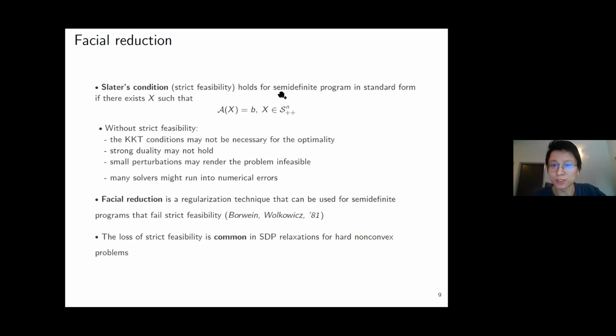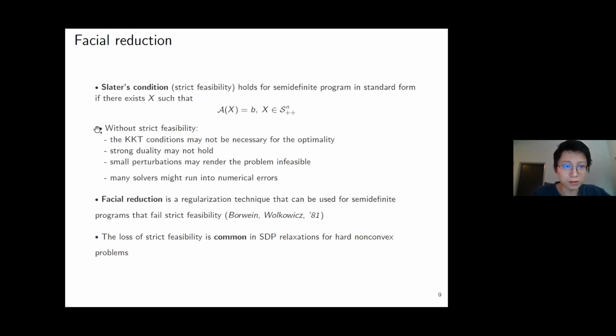In the case of a semidefinite program in standard form, it requires the existence of a feasible matrix X. Of course, it's feasible, satisfies all the equality constraints, and moreover, it has to be in the interior of the PSD cone. So it has to be positive definite instead of positive semidefinite.